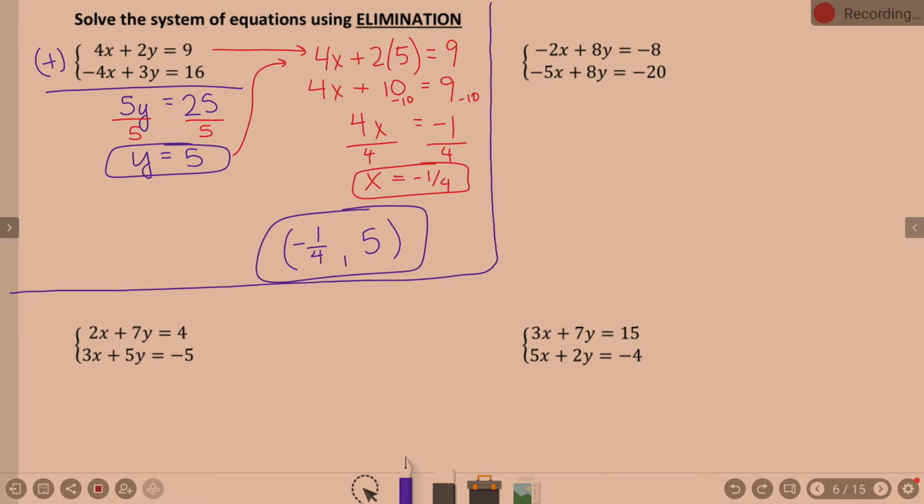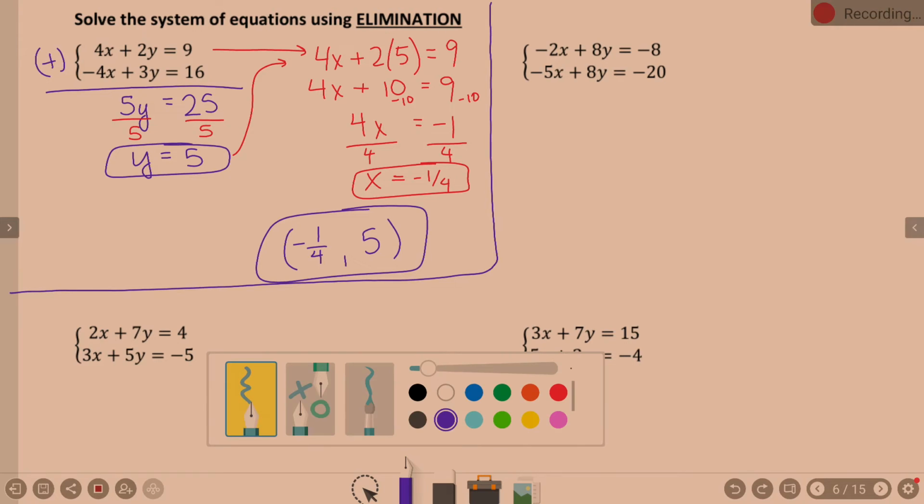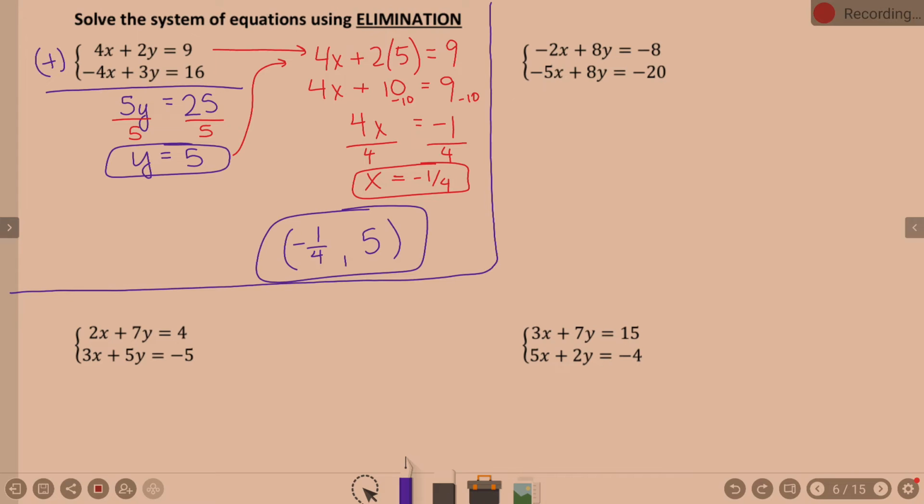The other option, though, instead of subtracting, is let's take one of our equations and multiply it by a -1. Okay, so if you multiply by a negative, that's going to change all your signs. It doesn't matter which. I personally am going to multiply the bottom by -1.